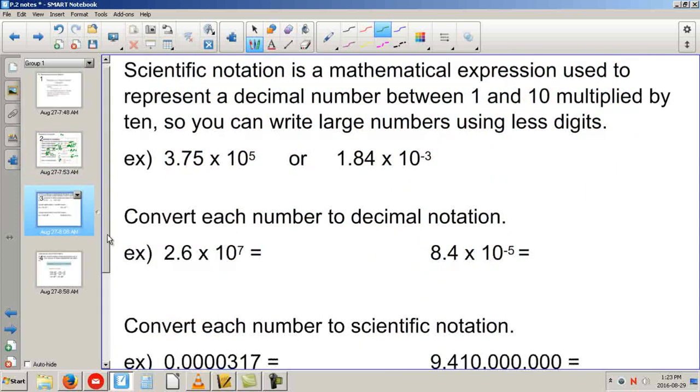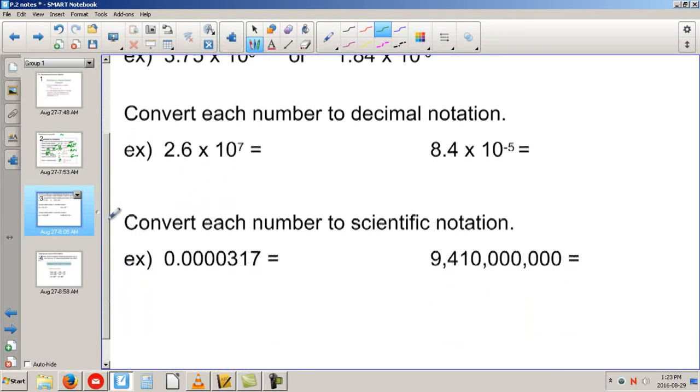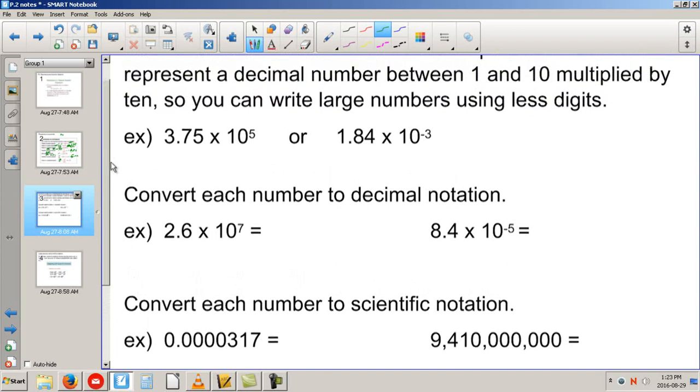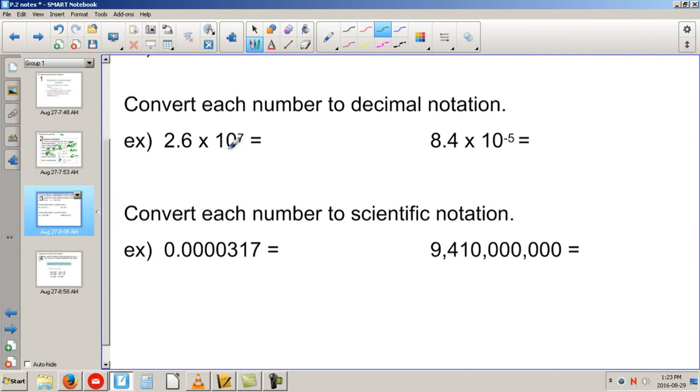The next thing we need to talk about just briefly is scientific notation. Scientific notation is about identifying small shorthand ways to write really large numbers. This times 10 to the 7th. Times 10 is just going to move the decimal place because we use a base 10 system. And this tells me to go 7 spaces to the right because it's positive.